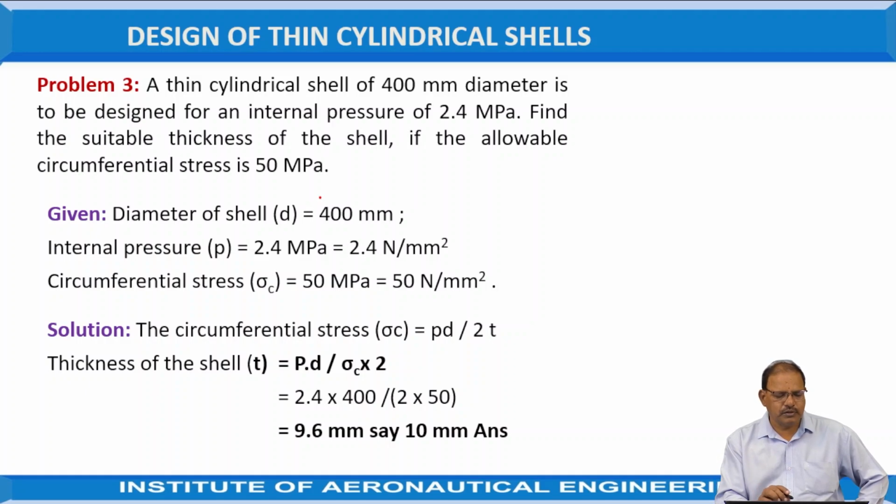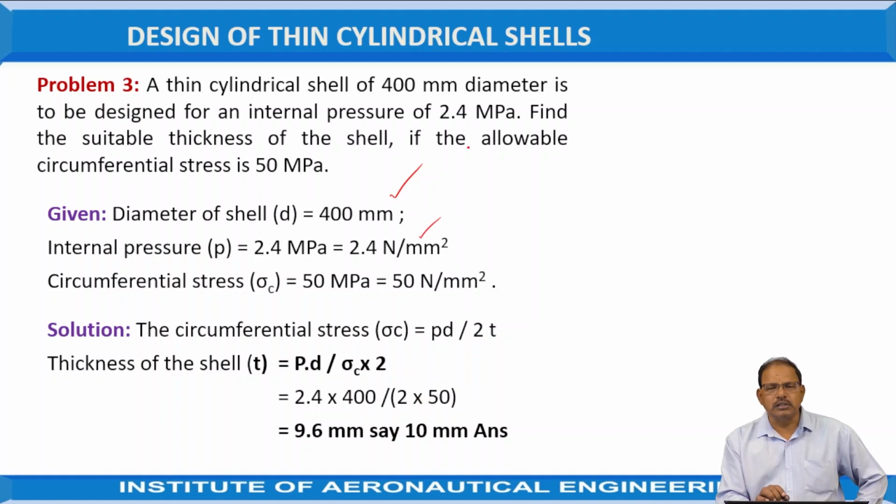So the given data in the problem is a thin cylindrical shell; the diameter of the shell is equal to 400 mm. It is to be designed for an internal pressure of 2.4 megapascal, that is the pressure of the fluid that can be allowed. It is equal to 2.4 Newton per mm square now.